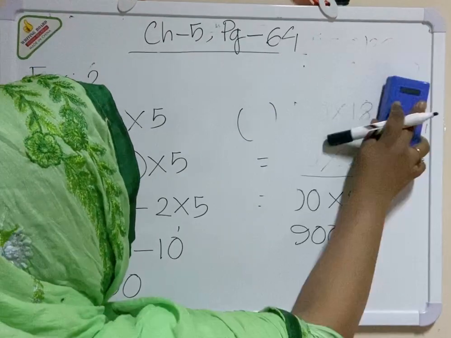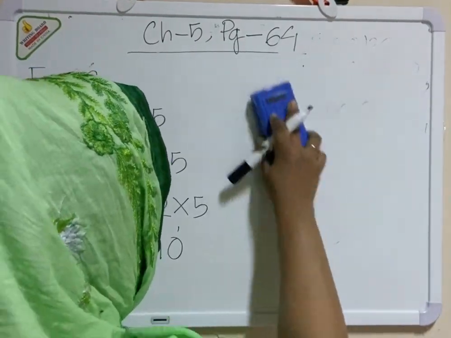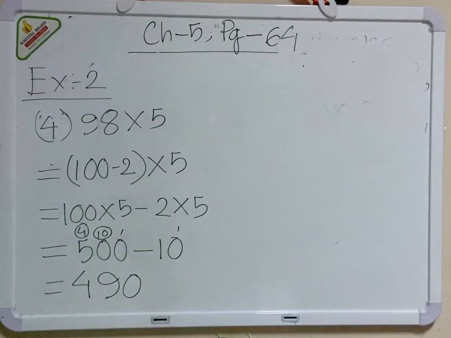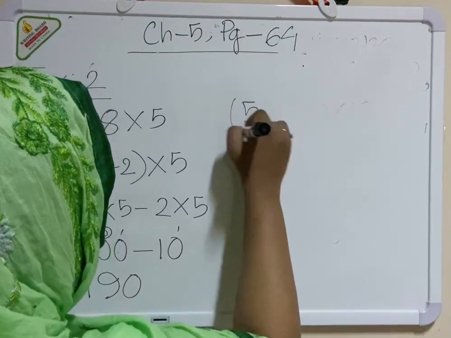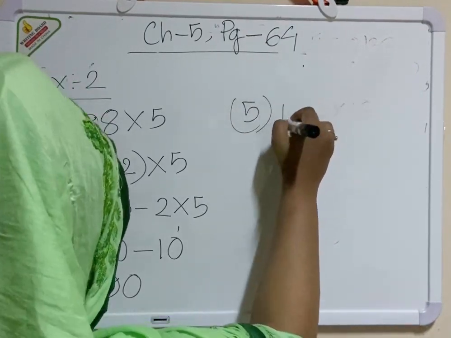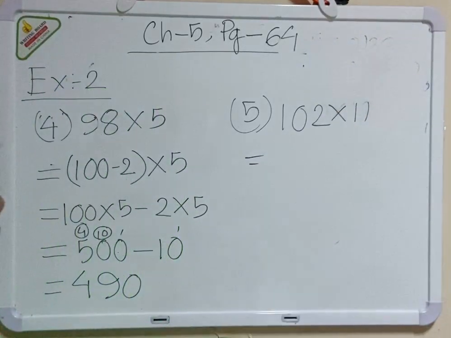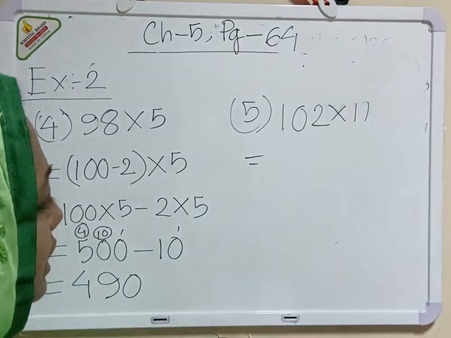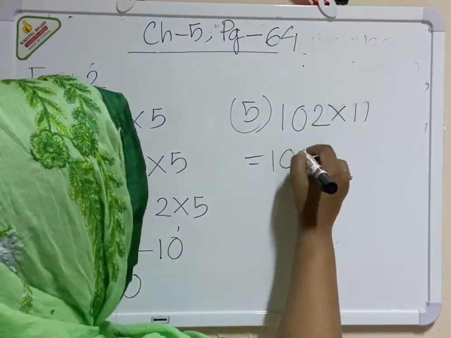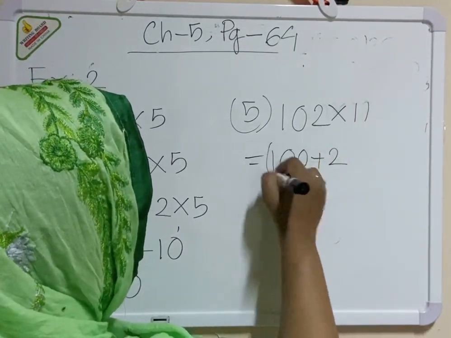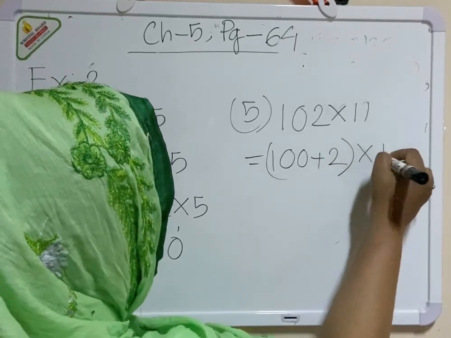Now I will continue with the number 5. It is written 102 into 11. You will tell, madam, this one is crossing only. There is no problem. I will write 100 plus 2 into 11.